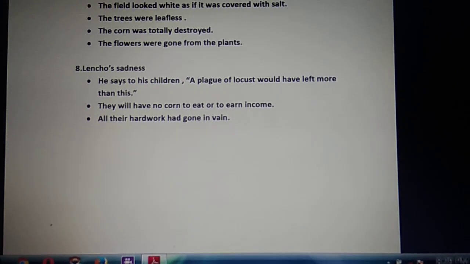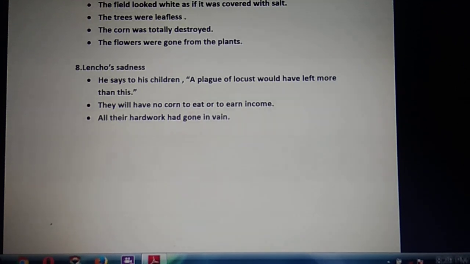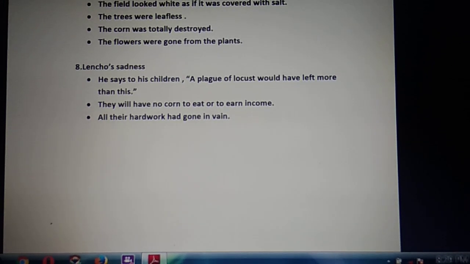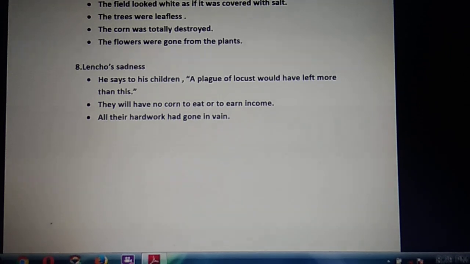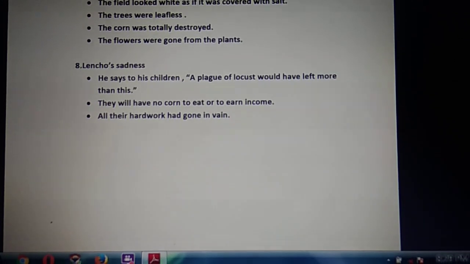Whatever hard work Lencho had done for the cultivation of corn, all had gone in vain. Vain means useless. It was of no use to him, because neither could he eat nor earn income from the corn for which he had labored a lot. So, the first part of the story.